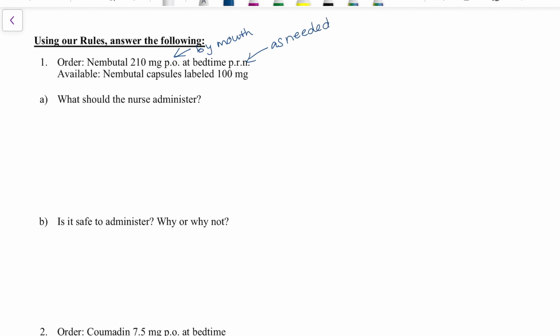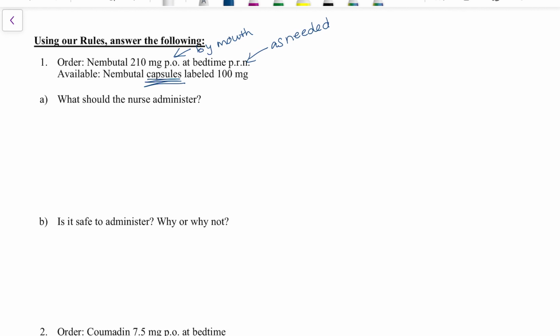Available to us are capsules labeled 100 milligrams. The first thing that comes to my mind when I see capsules is our rules that have to do with capsules, the main one being you cannot split a capsule. So I know that my answer is going to have to be a whole number.